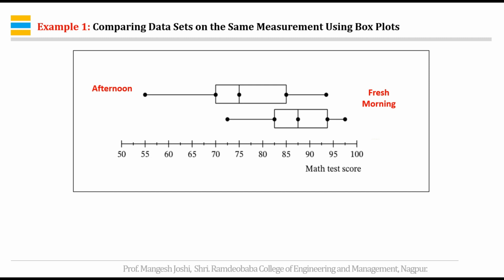Now let us take a few examples of comparing data sets on the same measurement using box plots. Suppose you are measuring the mathematics score for a population who have given the exam in the afternoon and for the population who have given the exam in the fresh morning.